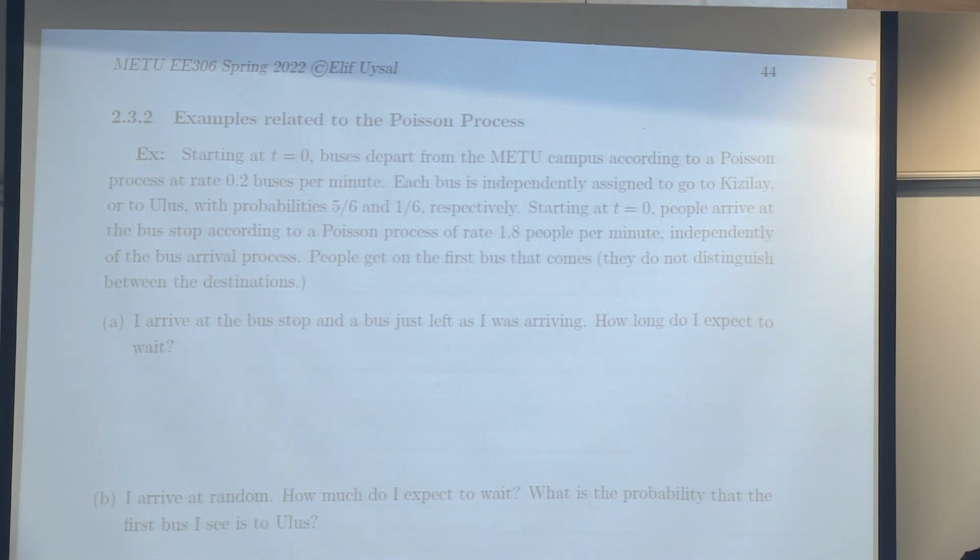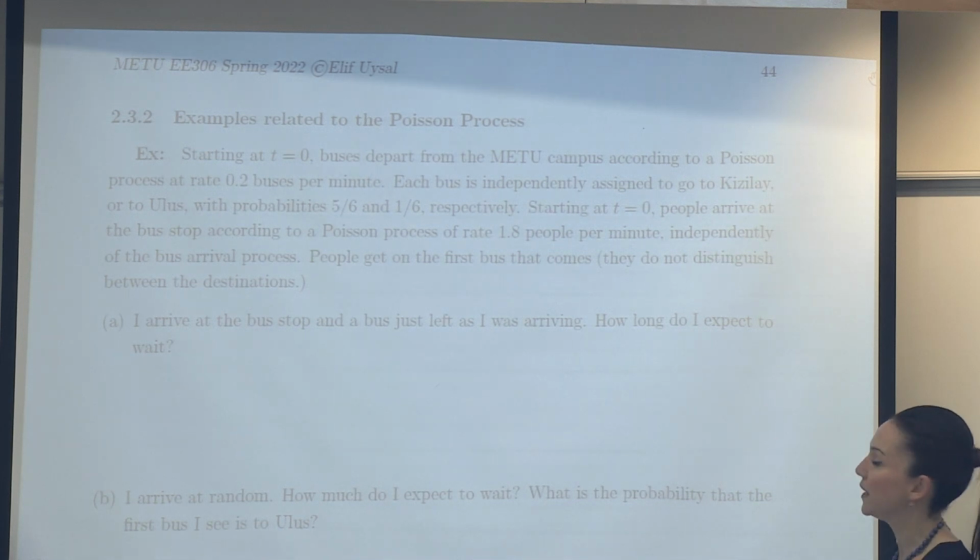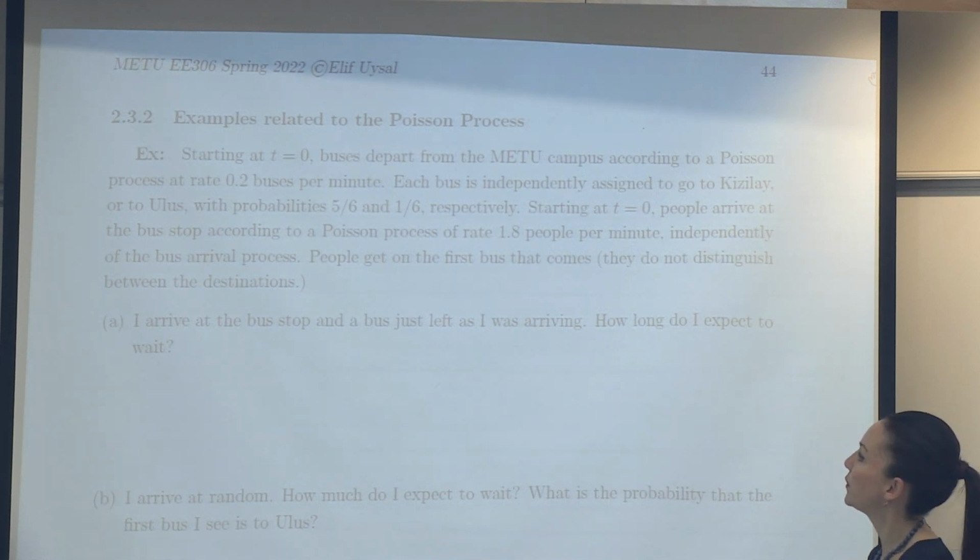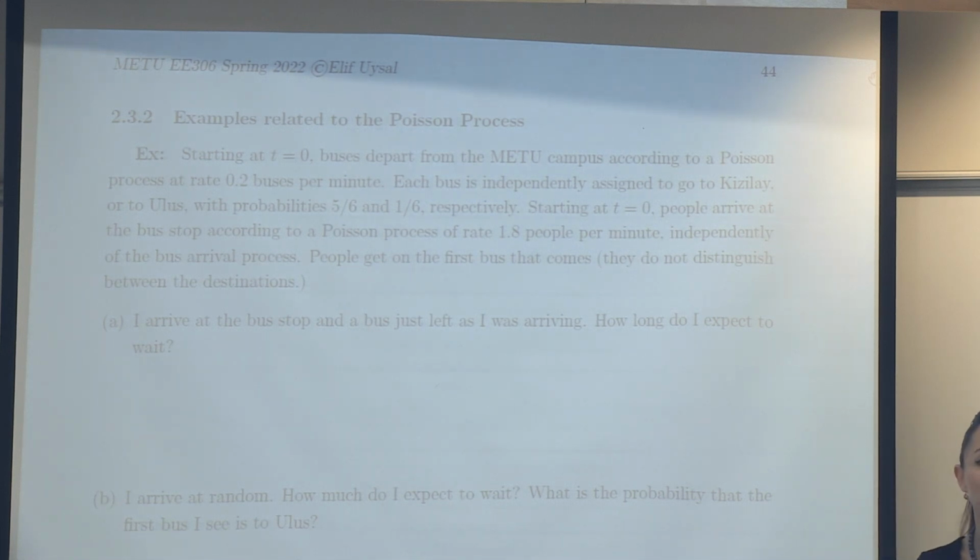So what is the mean time between buses? 5 minutes. Yeah, right. Each bus is independently assigned to go to Kızılay or to Ulus with probabilities 5/6 and 1/6 respectively. Does this remind you of something that we just reviewed? Splitting, right. Each bus is independently chosen to go to Kızılay or to Ulus.